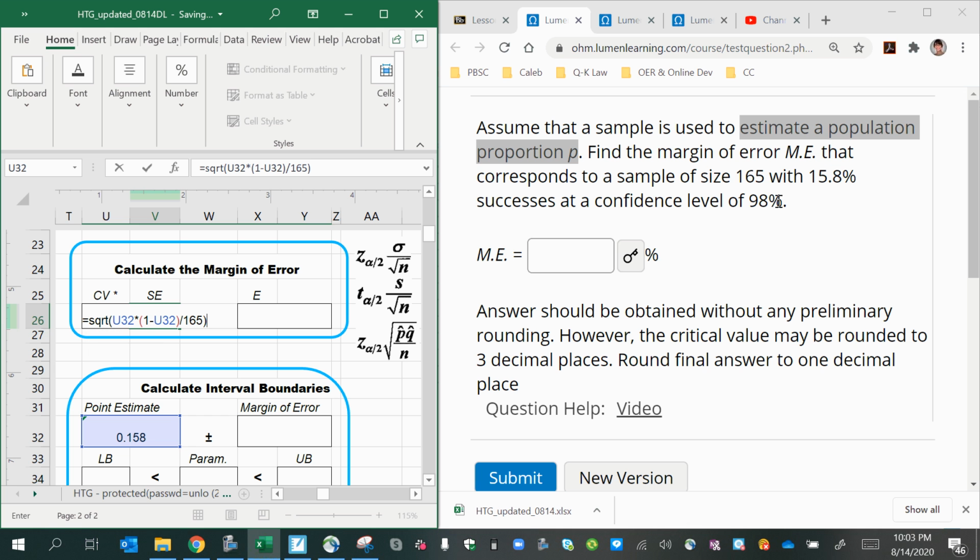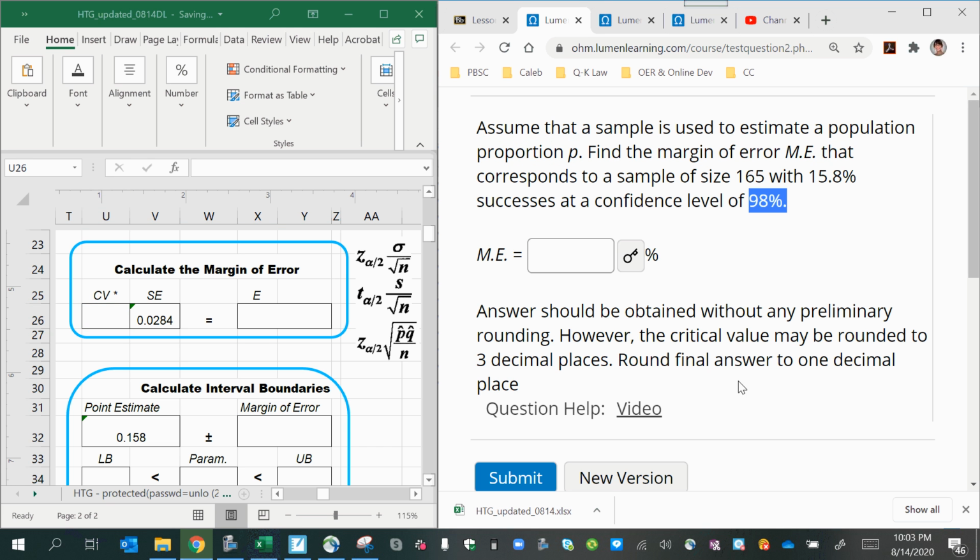Then close the parentheses. I had parentheses around the 1 minus P hat inside the square root, and then the square root has outer parentheses. So that's my standard error, and the critical value is Z alpha half, in other words, a Z-score for a two-tailed test. We need to use our level of confidence here of 98%.